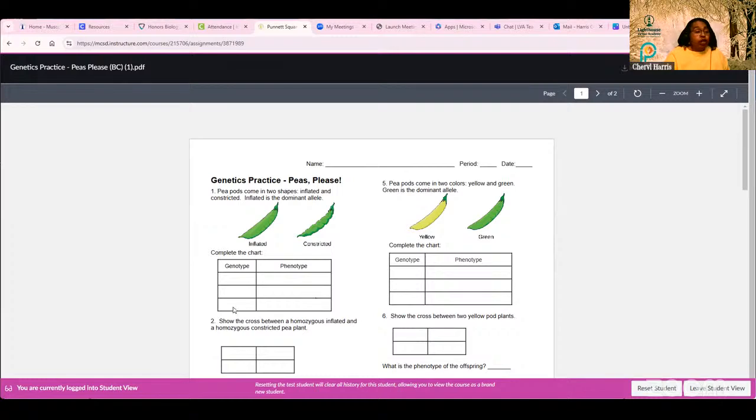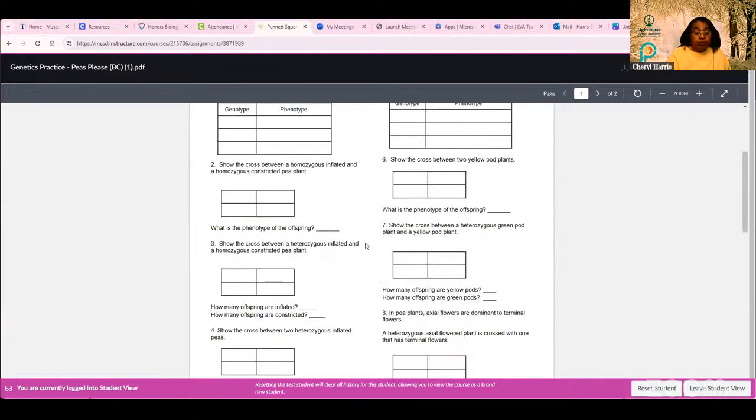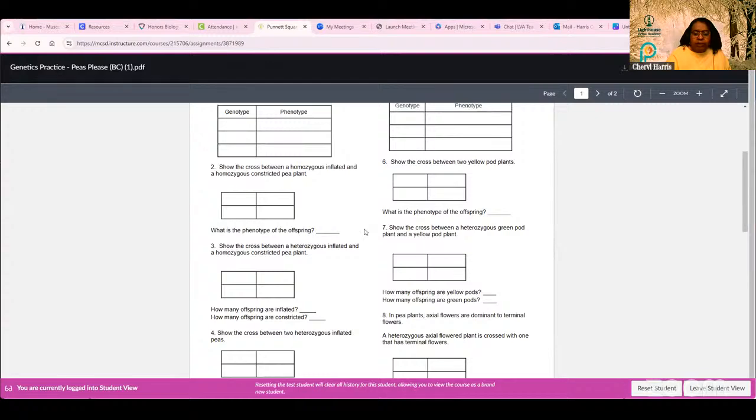If I have lowercase i, lowercase i, that's a constricted pea pod. So that's how you're going to answer that box. In the first column, you're going to put what are your letters, and in the second column for phenotype, what does it actually look like? And you're going to do that with the first two at the top.